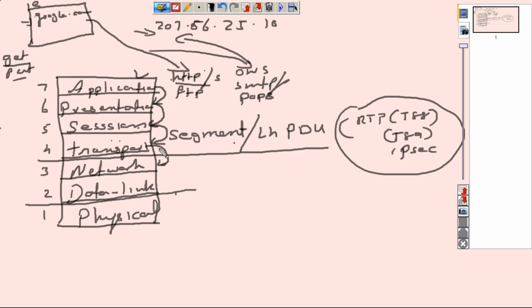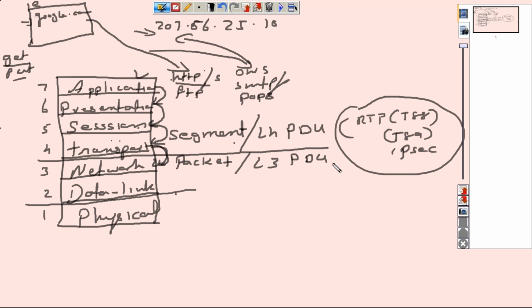Okay, fine. So you add the port information, both source and destination, at this layer, and then you send your data down to your network layer. Now, data at the network layer is called a packet, or recently it started being called an L3 PDU, layer 3 protocol data unit, right?